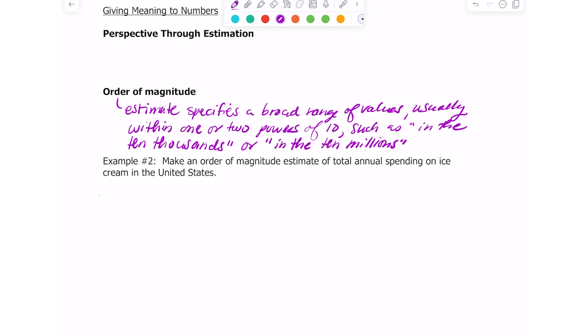Well, the first thing I know I would need to figure out is the amount each person spends annually on ice cream, right? And then I would need to know the total population if I'm looking for the total annual spending in the United States, okay? So I need to know the amount each person spends annually on ice cream.